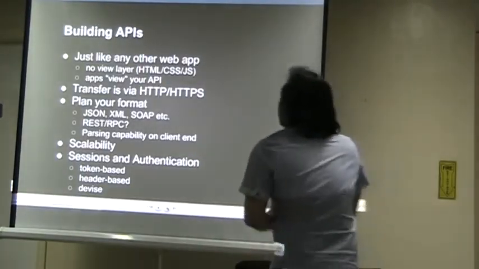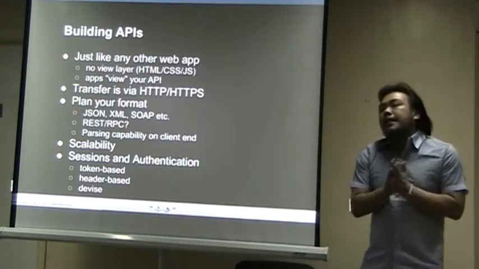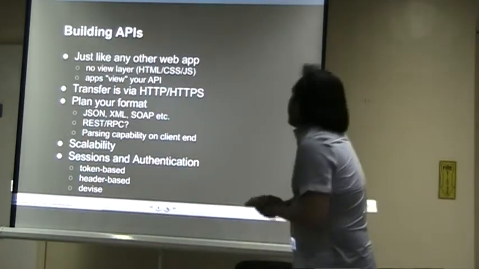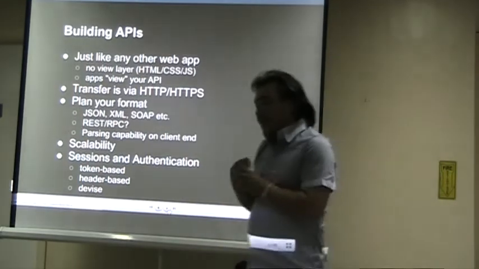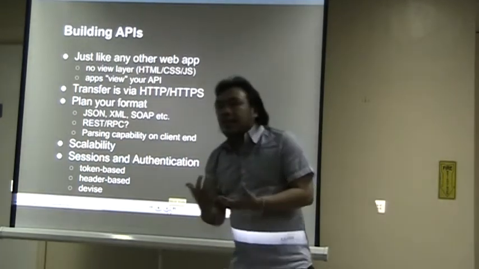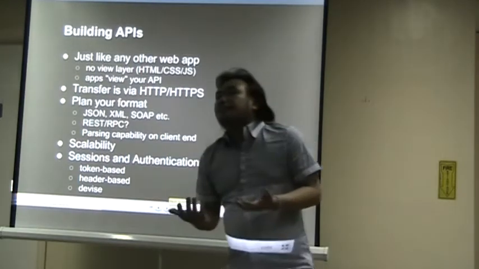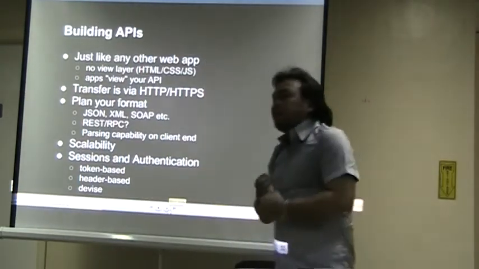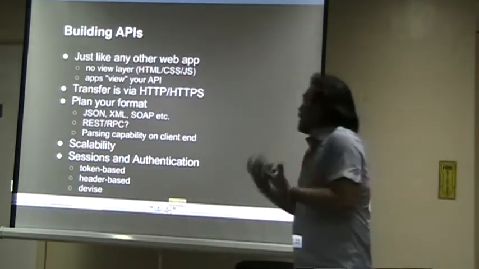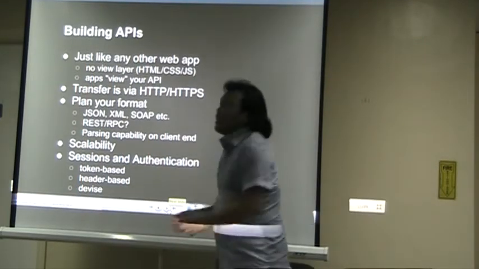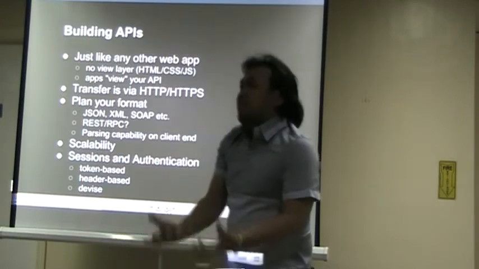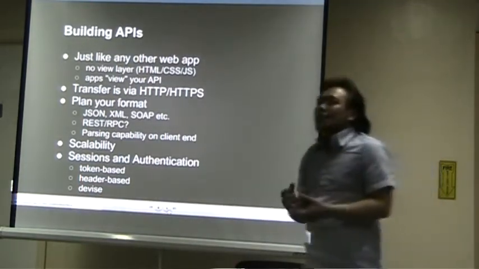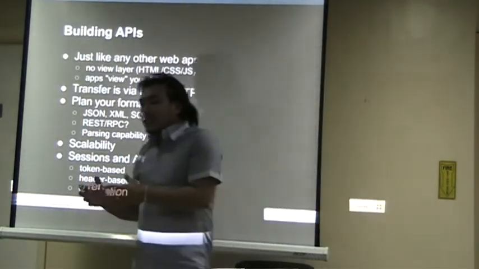Okay, so how do you actually build your APIs? Building APIs is just like building any other web application, or if you think about it, just like building another Rails app. You'll have your models, you'll have your views, you'll have your controllers. It's just that in this case, the audience of your API is not your end user.